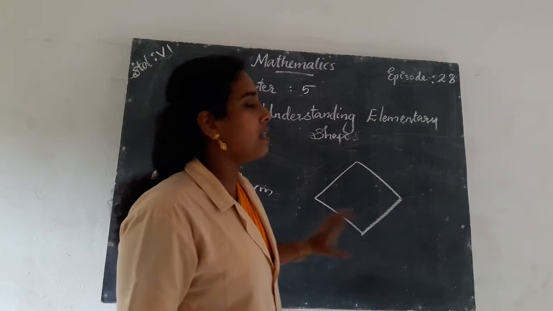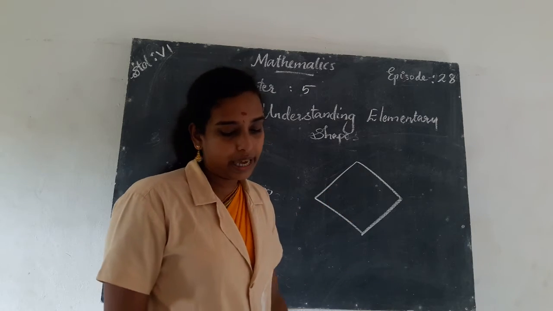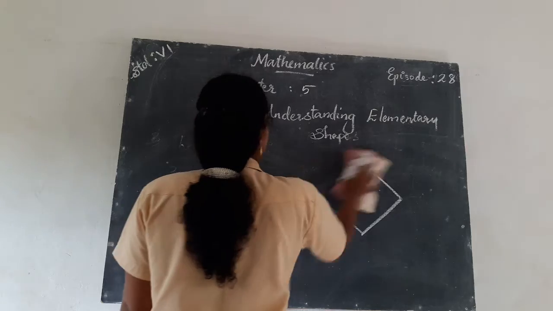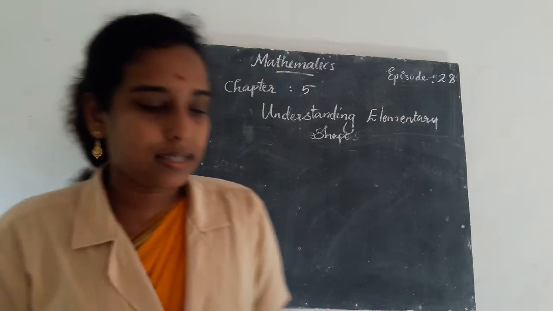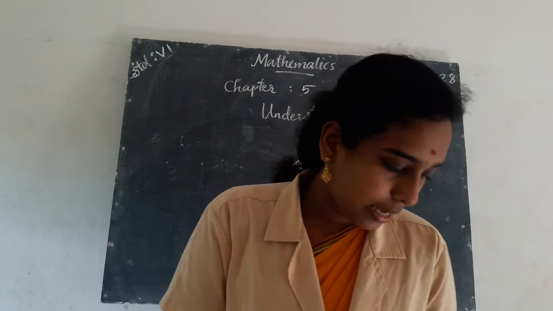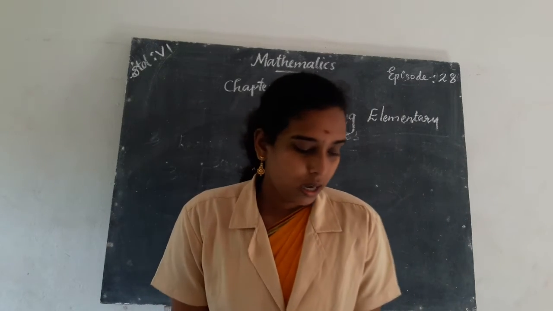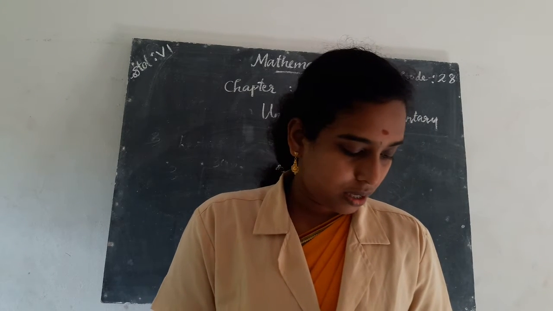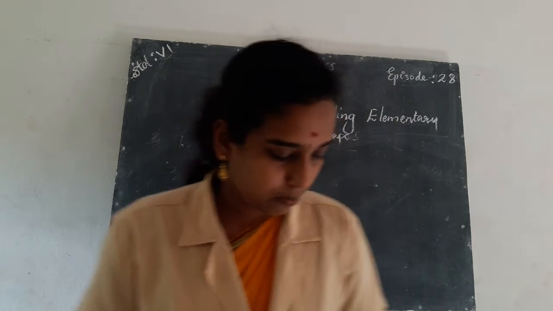Here the 4 sides are of equal length. The 4 sides are of equal length, then it is said to be a rhombus. Okay. So these are the shapes that you have also studied in your previous classes. Okay. Then the exercise 5.7 is based on the shapes. So take page number 106 and try to answer the questions in exercise 5.7.